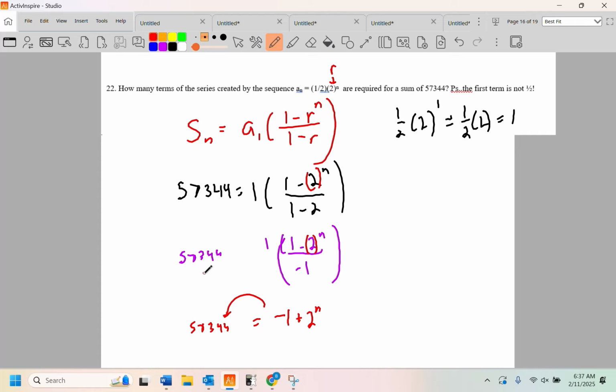Something seems wrong here. I guess I can't do it that way. Huh. Okay, let's divide the negativity out of both sides. So negative 57,344.